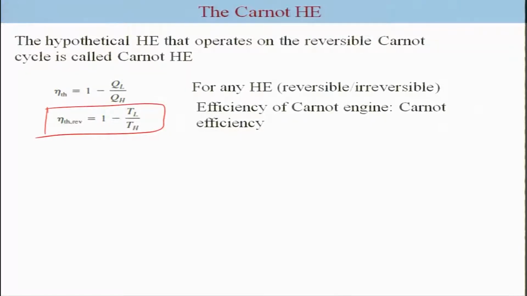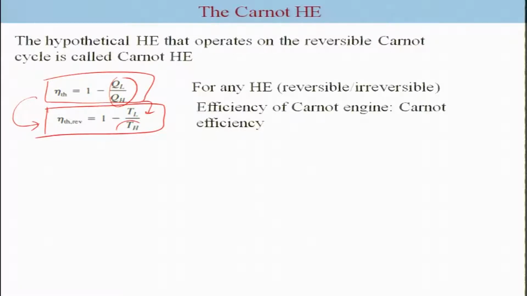For any heat engine, whether reversible or irreversible, the eta will be defined in this way, but for a Carnot engine or reversible heat engine, you can replace QL by QH as TL by TH, which essentially means that if you want to increase the efficiency of a heat engine, you can increase TH, the temperature of the source, or you can reduce the temperature of the sink. By doing that you can increase the efficiency of the heat engine, and this indication comes directly from these expressions.